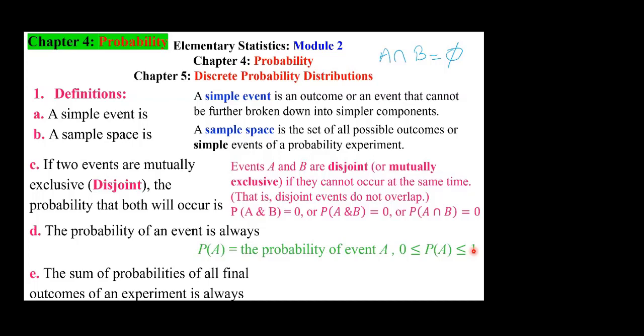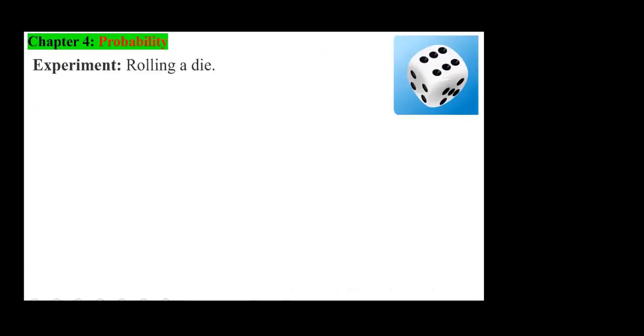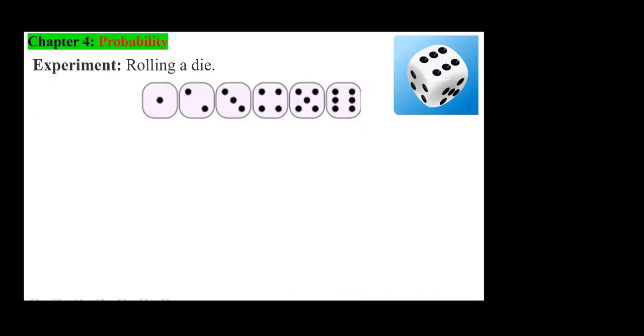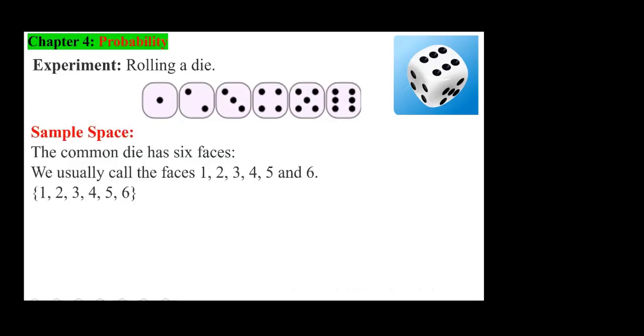The sum of the probabilities is always 1. They must add up to 1. Just to explain the concept, let's look at this experiment of rolling a die. A regular die is 6-sided, and we have the sample space of 1, 2, 3, 4, 5, and 6.